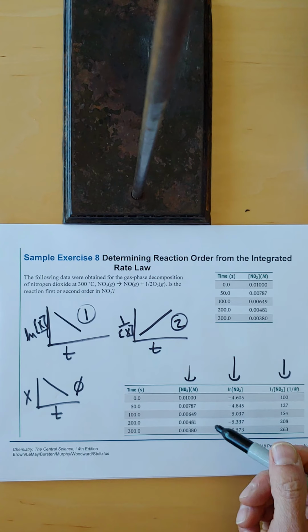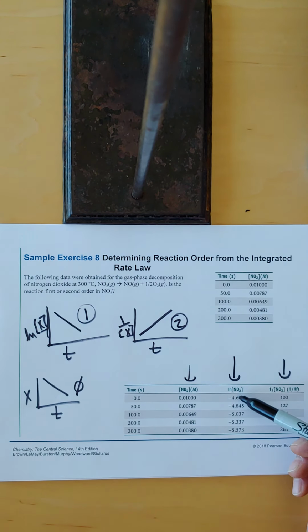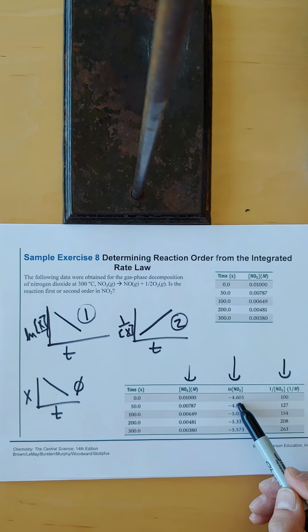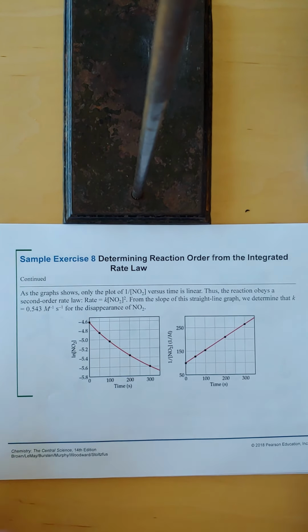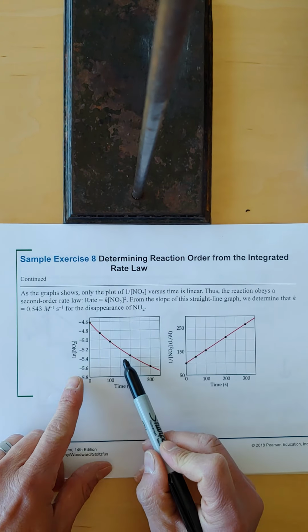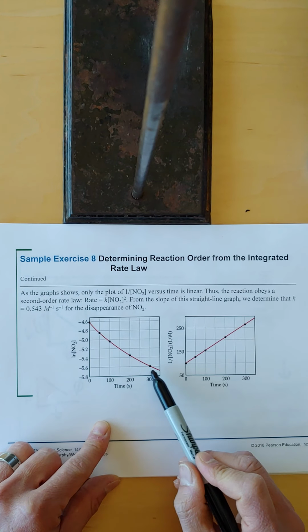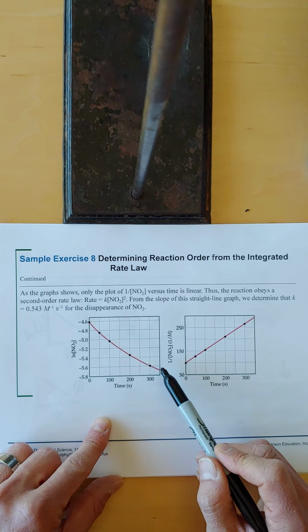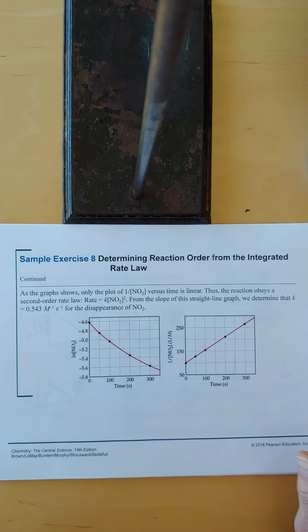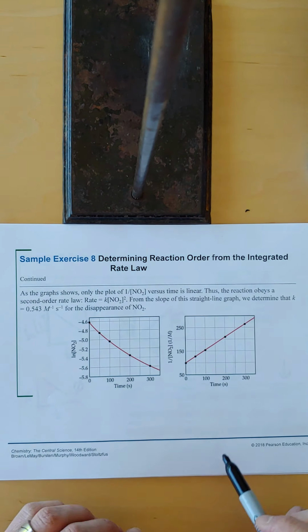So when we plot the log of the concentration versus time and 1 over the concentration versus time, these are the graphs that we get. Log of concentration versus time has a little bit of a curve to it. Not exactly a straight line, close, but not close enough.